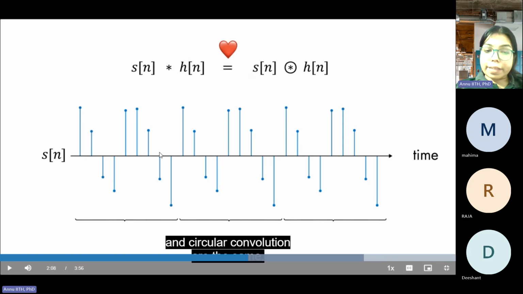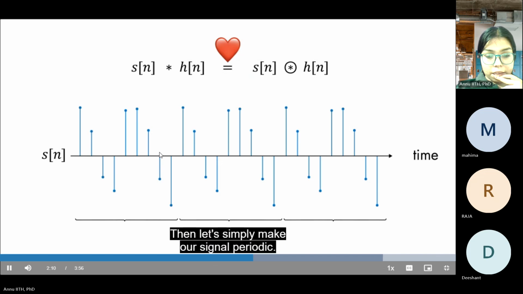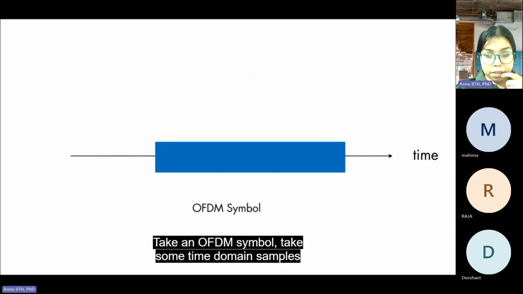Remember that when the signal is periodic, the circular convolution and the linear convolution are the same. So we just have to make the signal periodic.